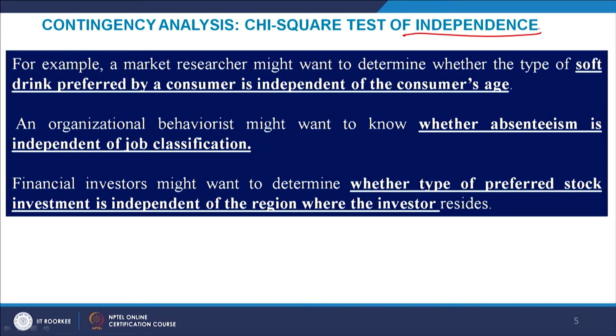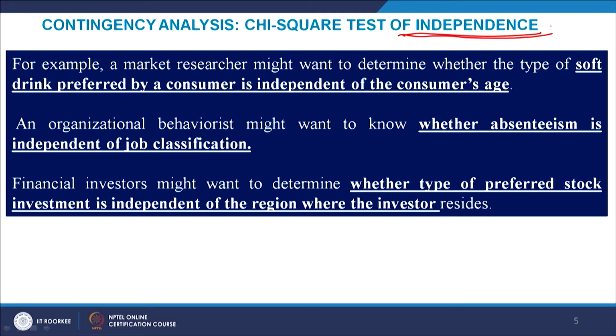For example, an organizational behaviorist might want to know whether absenteeism is independent of job classification, or whether the type of preferred stock investment is independent of region where the investors reside. So, it is the test of independence.